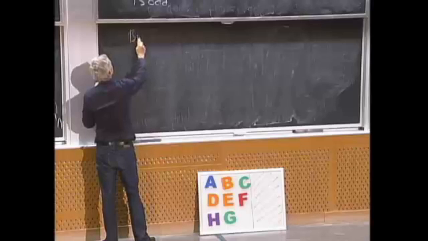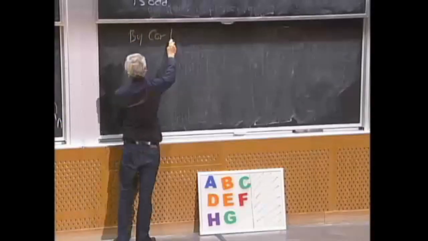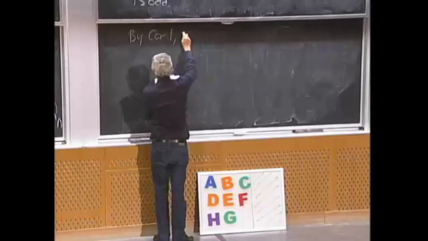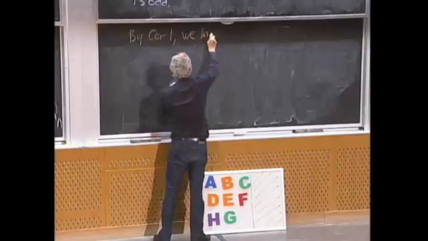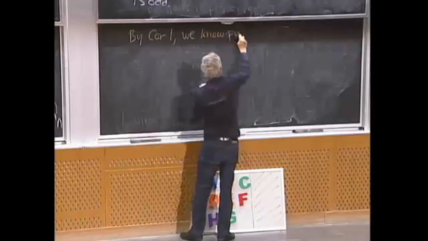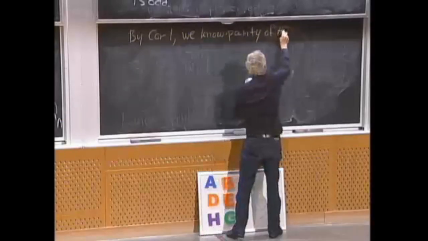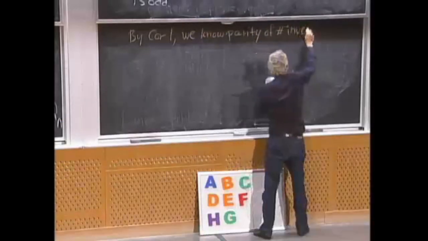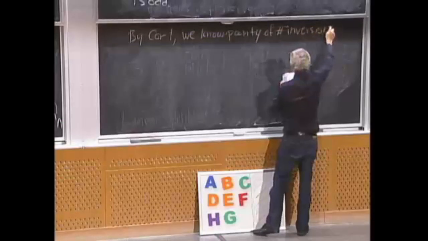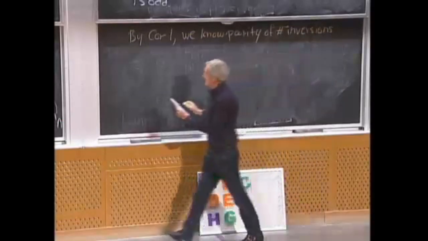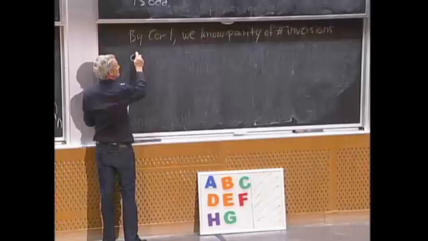Right, so next, by corollary 1, we know that the parity of the number of inversions does not change during m n plus 1.